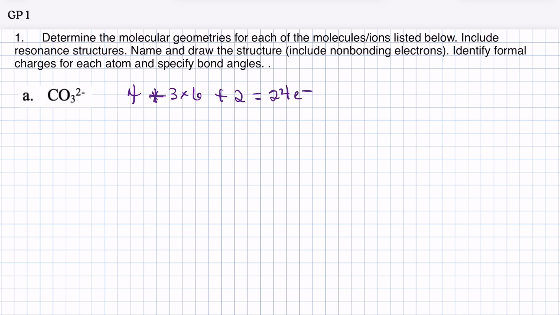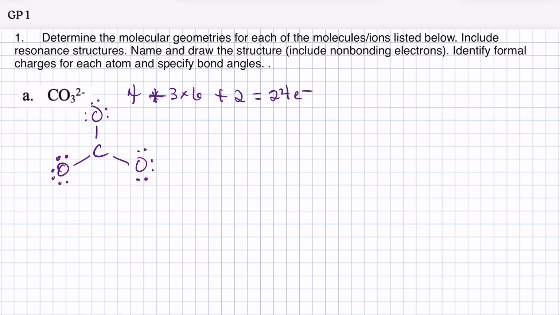All right, so we'll go about the normal way of doing this. Without going into specifics, since you've done this before, we can start by drawing the single bonds to the oxygens. Let's take care of the oxygens and draw the non-bonding electrons to satisfy the octet rule for all the oxygens.